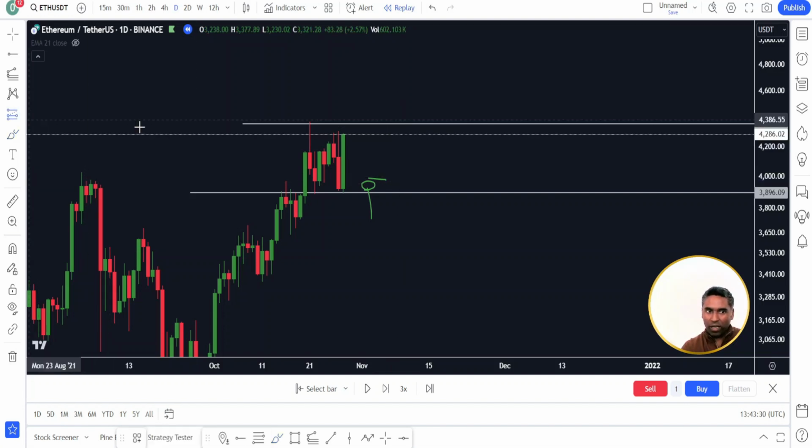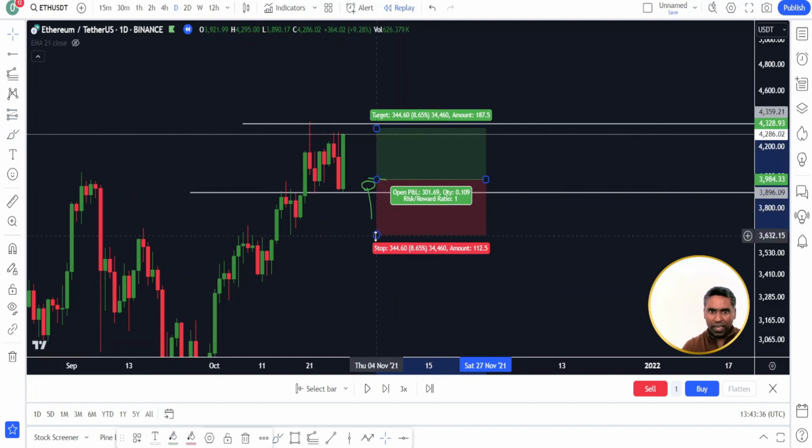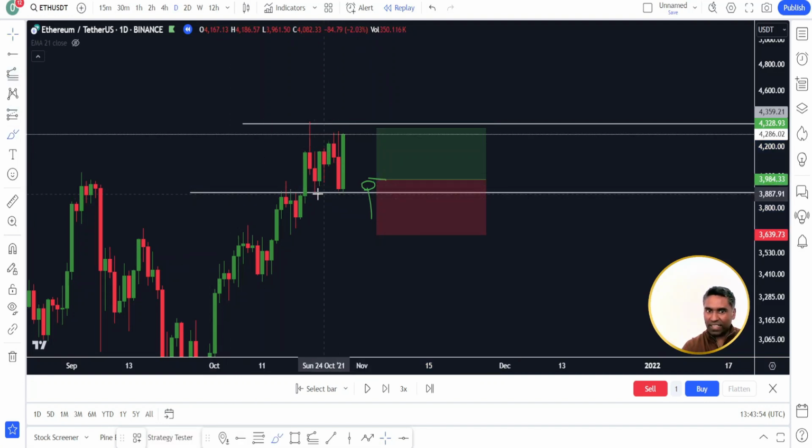So let me pull out this long position indicator or whatever you call it and put it here. For example, it's an entry point, and then how we will put our exit point. Now for SL, for stop loss, we have to find the nearest low from support level. So for example, in this scenario, the low is the low of this candle.